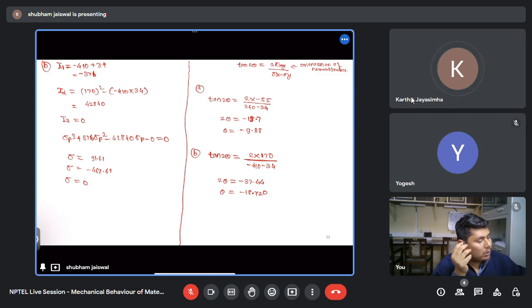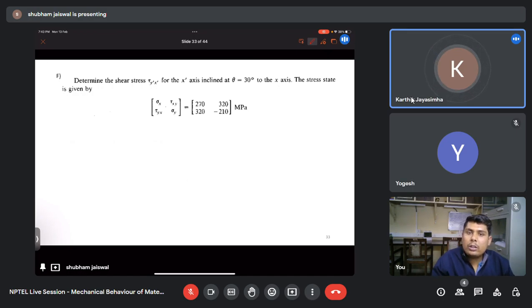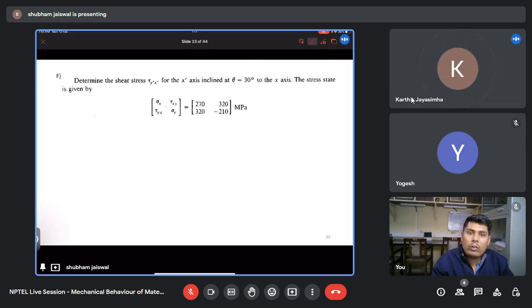Now here we have the next problem. Is it visible? Yes, sir. So determine the shear stress tau y prime x prime for the x prime axis inclined at theta equal to 30 degrees to the x axis.